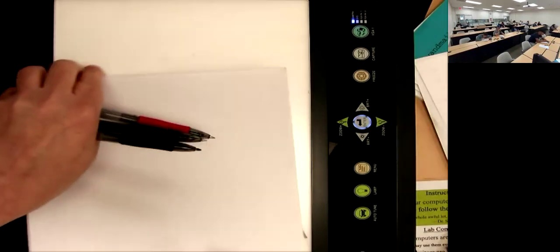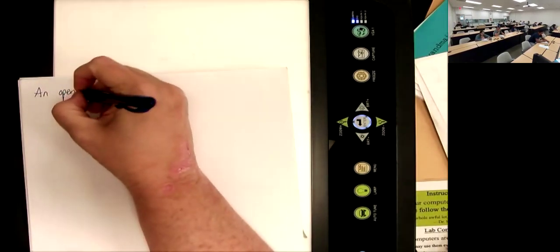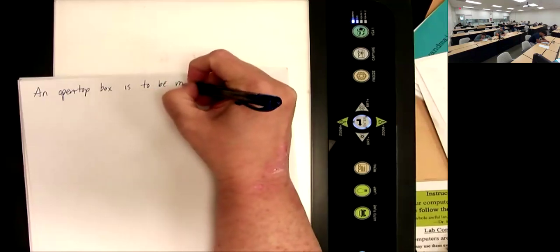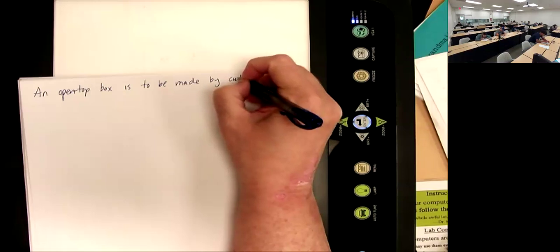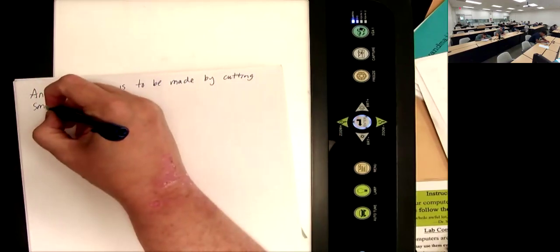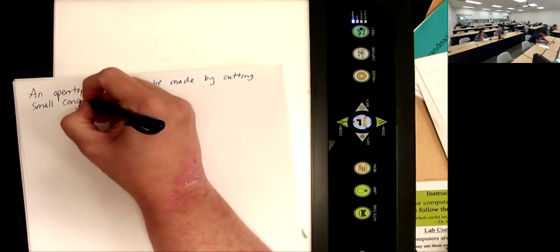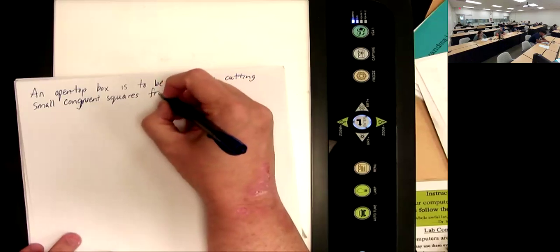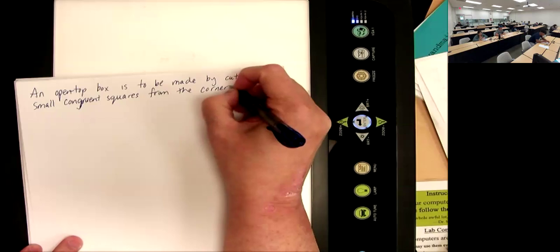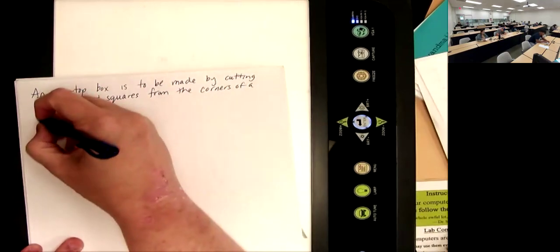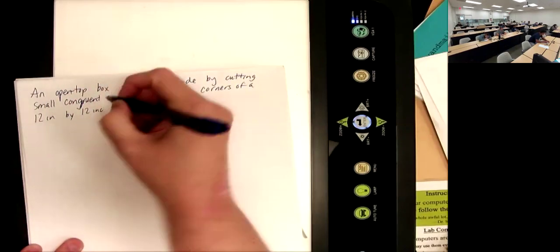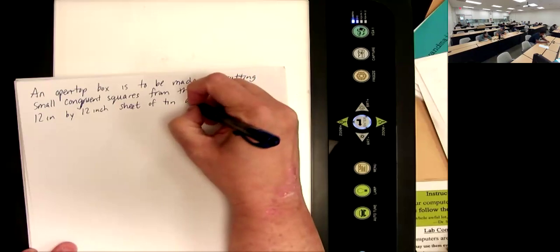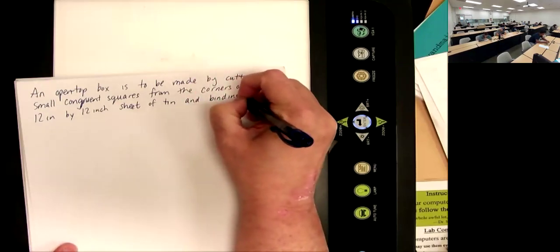So we can do an open top box. It is to be made by cutting small congruent squares, and I'll explain what that means in a second, from the corners of a 12-inch by 12-inch sheet of tin and bending up the sides.